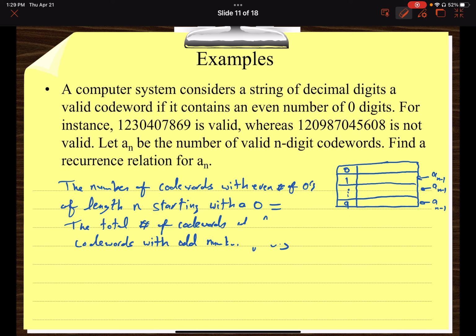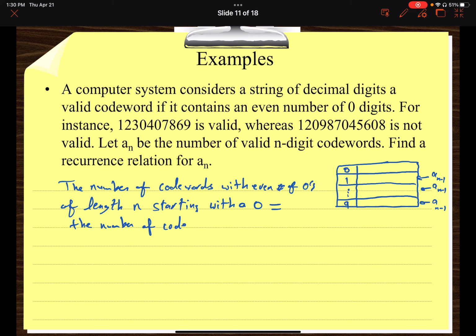It is equal to the number of code words with an odd number of zeros of length n minus 1, right? Yes. Now what is this equal to? 10 to the power n minus 1.